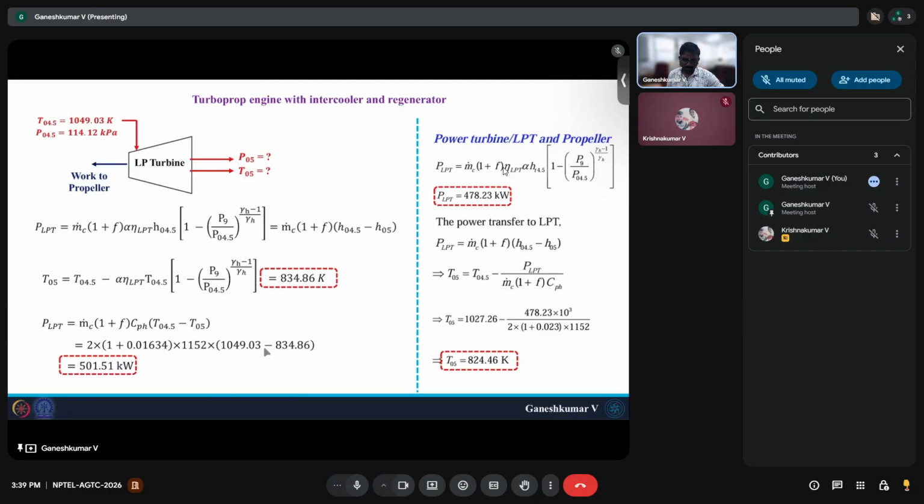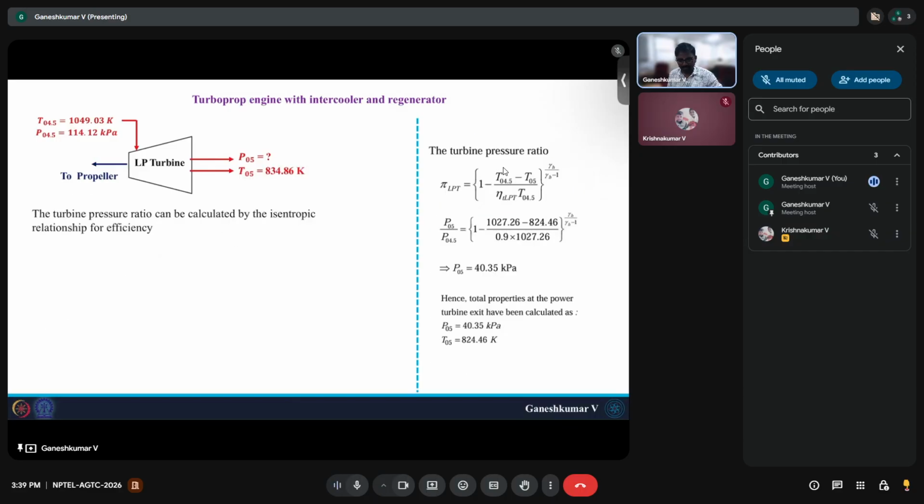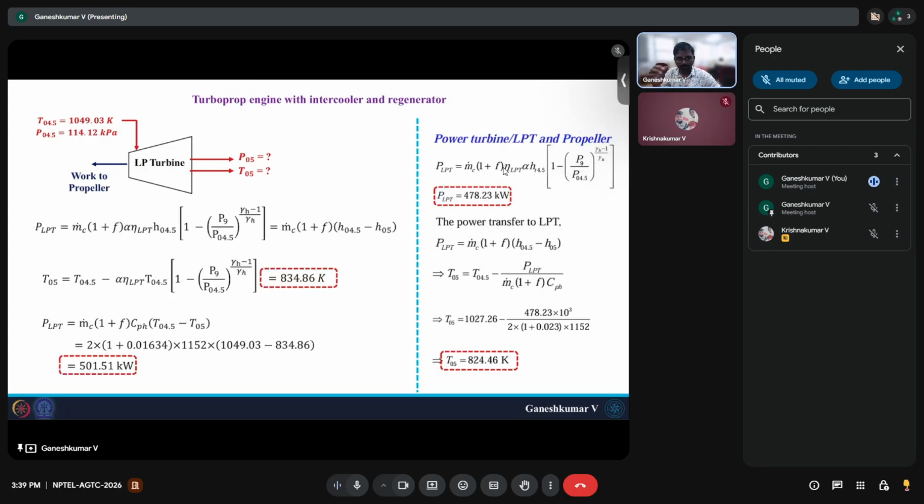All right, so we were getting the power at the LP turbine around 478, and now you have around 20 kilowatts higher power from the LP turbine. Okay, this is not the power for the propeller. I mean, this is the total power going to the propeller.